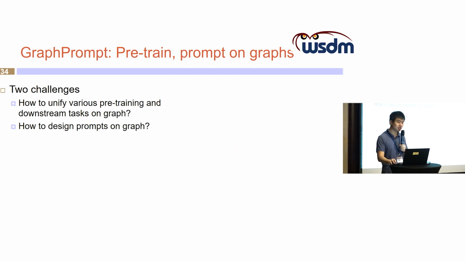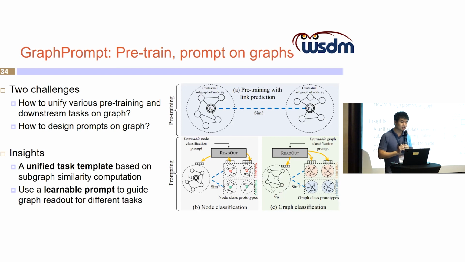By the way, this paper was just accepted by WWW, so it hasn't been officially published. So basically, we are trying to draw insights from NLP. We try to design a unified task template based on subgraph similarity recognition, and then we design a learnable prompt to guide.